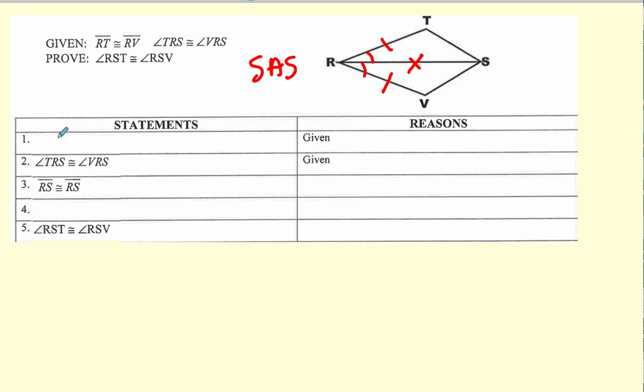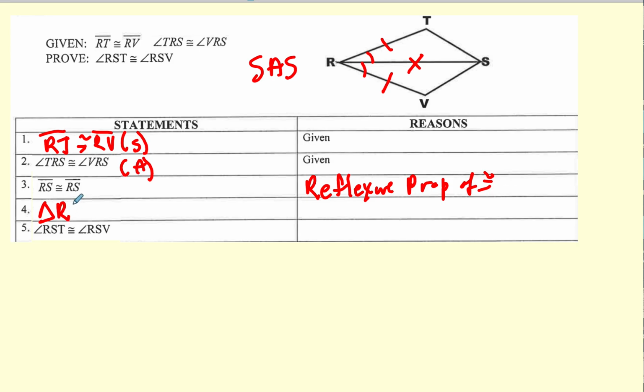So I need to write the first given, RT is congruent to RV. That is going to be a side. This is going to be my angle. This is my reflexive side, by the reflexive property of equality.